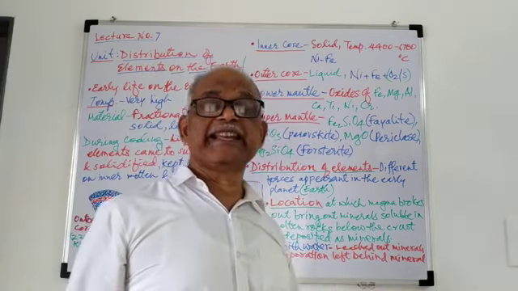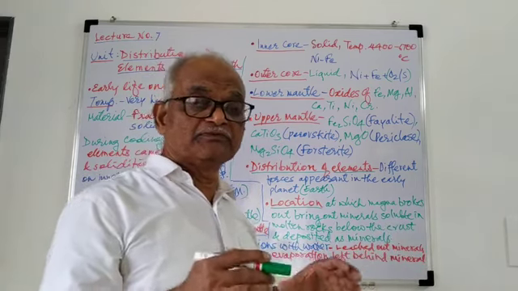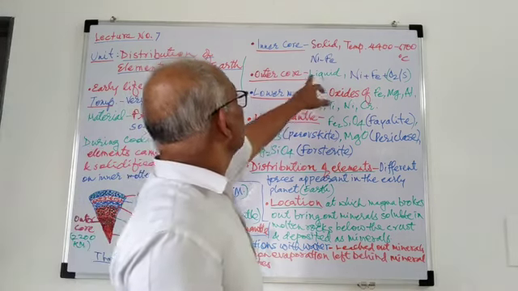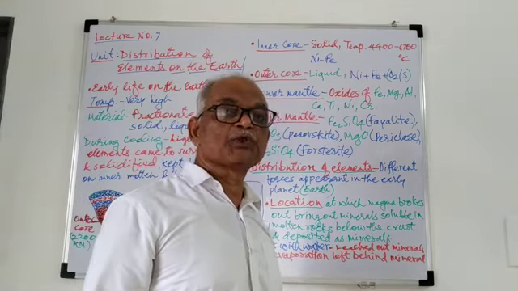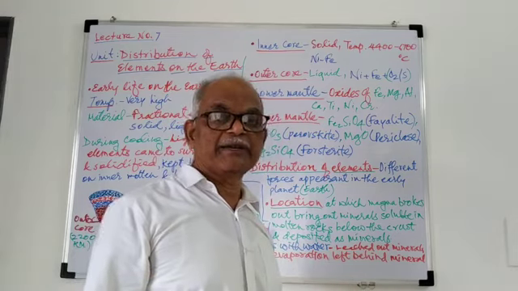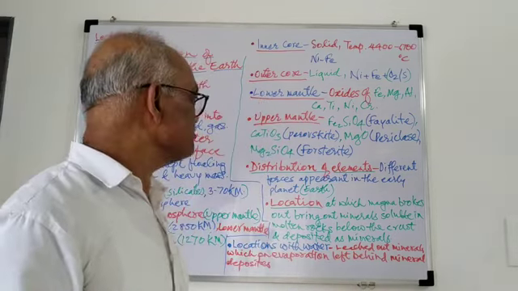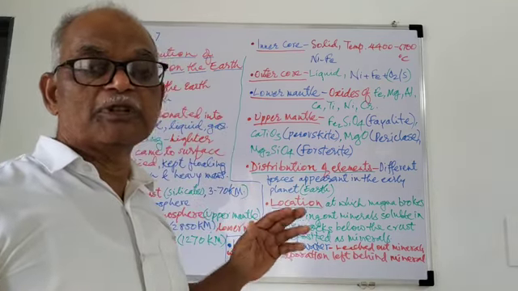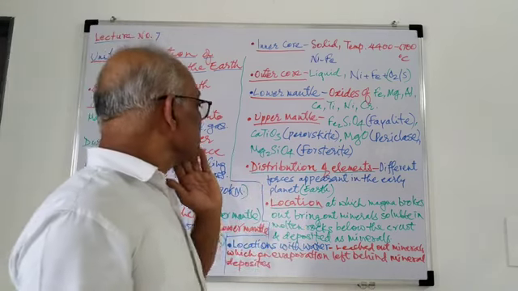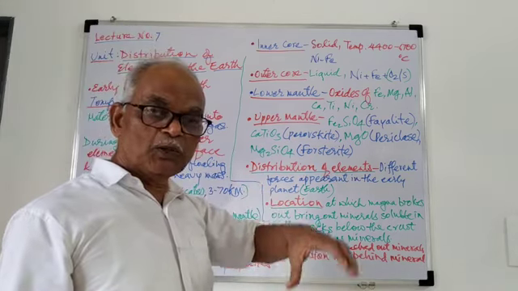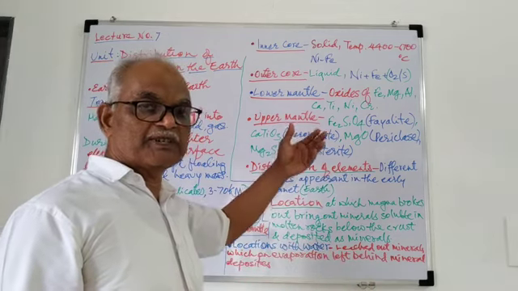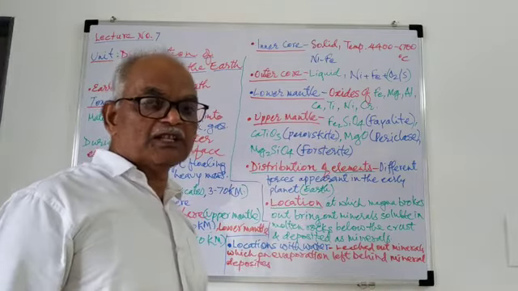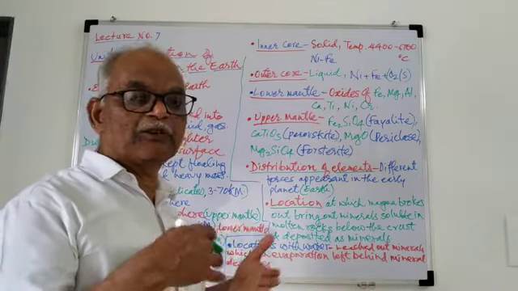The minerals present in the liquid form, that is outer core, are also brought out on the surface by volcanic eruptions. So these eruptions are bringing the lower minerals in the liquid state on the surface, and they are solidified and distributed on the Earth's crust at that particular location.